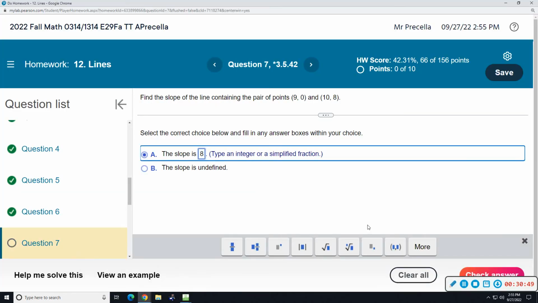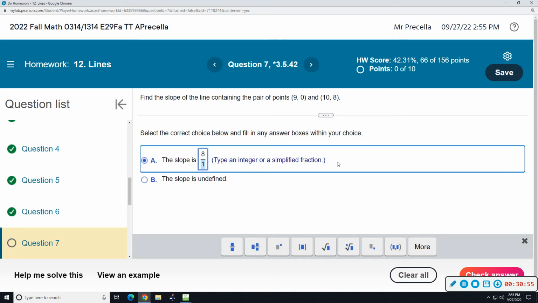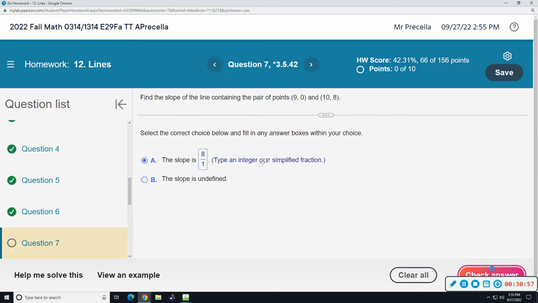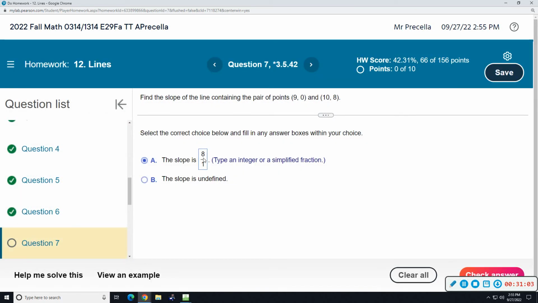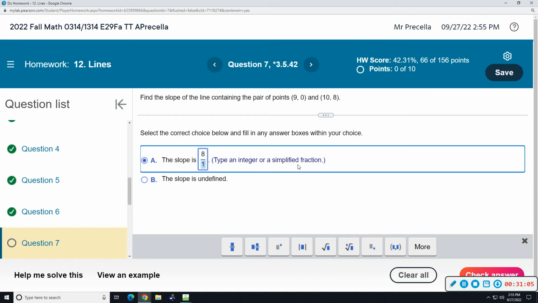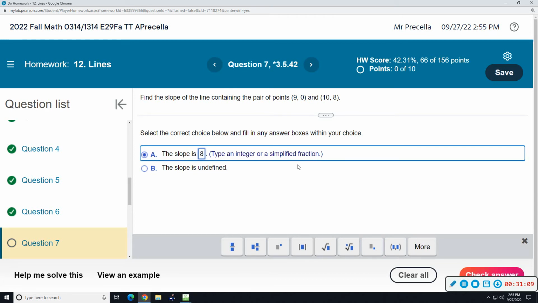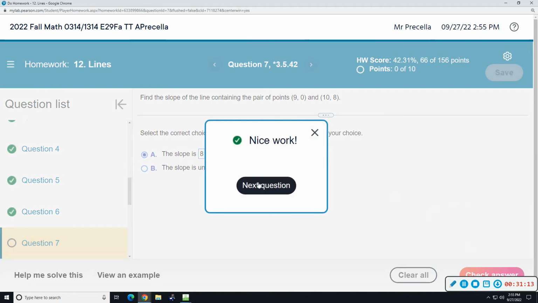Did we see if 8 over 1 will work too? Let's see. For this type of simplified fraction, I would think it would say... No. Okay, so it does not, because 8 over 1 is certainly not simplified. And when you're doing the review, keep in mind how they want those answers, because that's how they're going to want them on the tests and quizzes, okay?